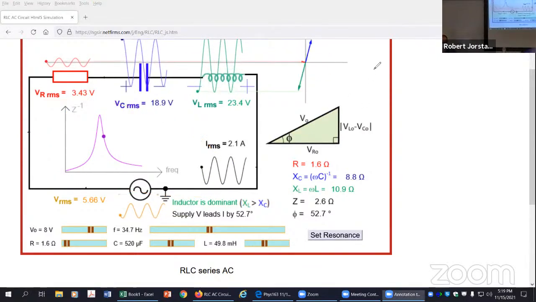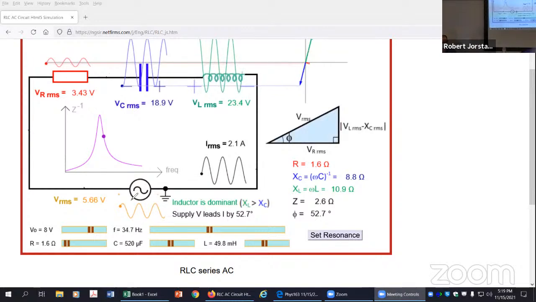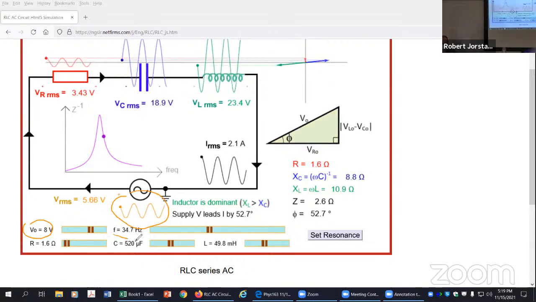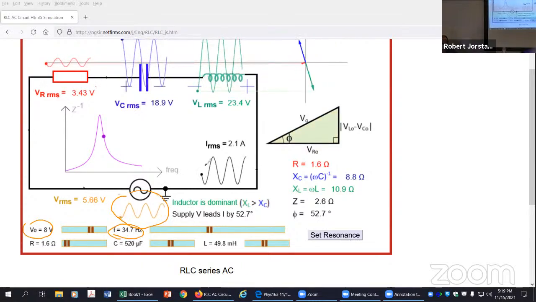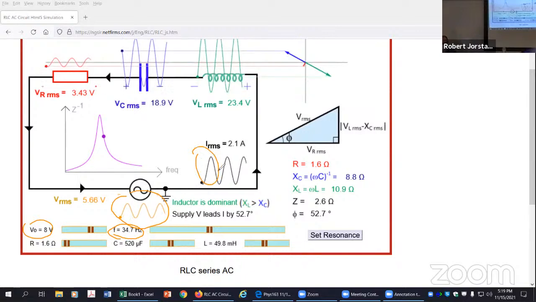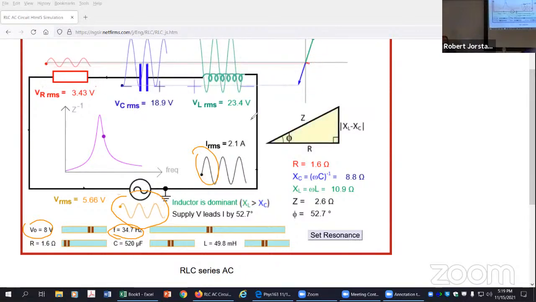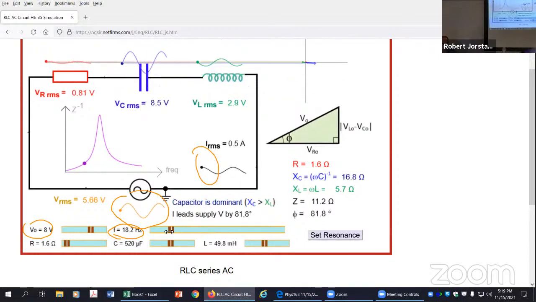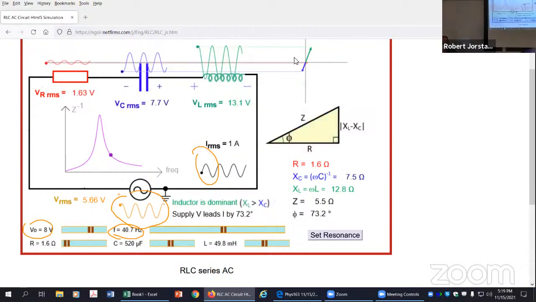Here's the source voltage. V naught is fixed. We're going to sweep the frequency and watch what happens to I max, the amplitude of this wave. As I change the frequency, we get a different amplitude.